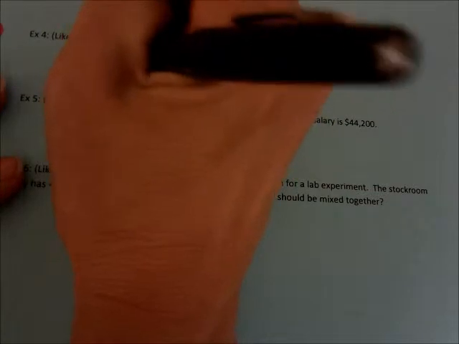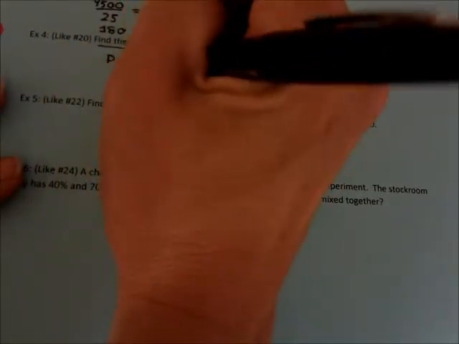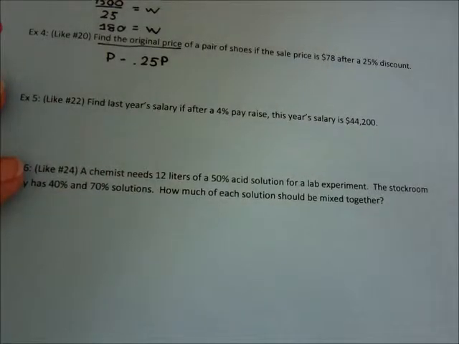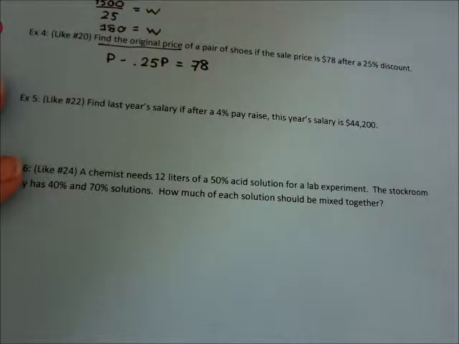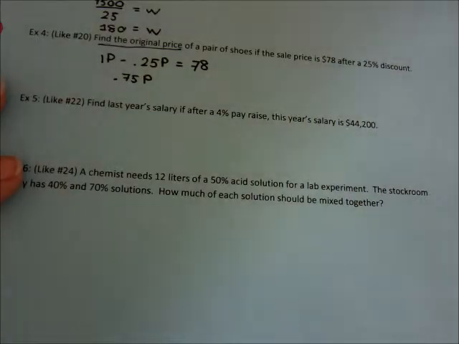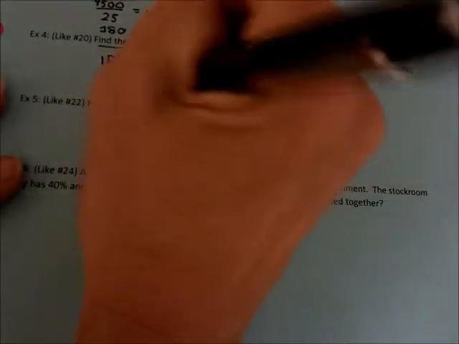I take the sales price and I subtract away the 25% of the price and set that equal to 78. And so really this is 0.75 of the price, because 1 take away 0.25 equals 0.75, equals 78.